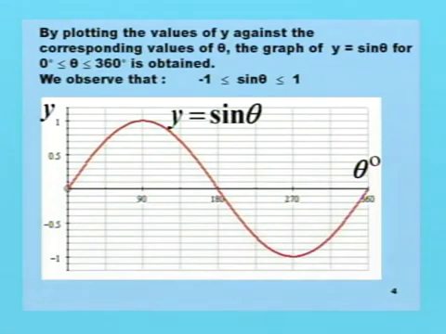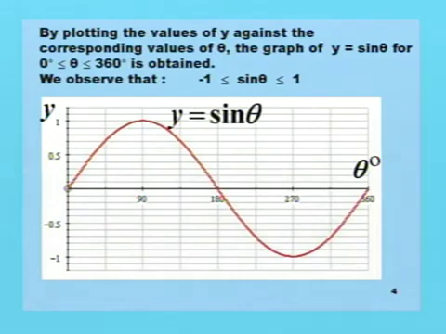By plotting the values of y against the corresponding values of theta, the graph of y is equal to sine theta for theta from 0 degrees to 360 degrees is obtained. Look at the graph.